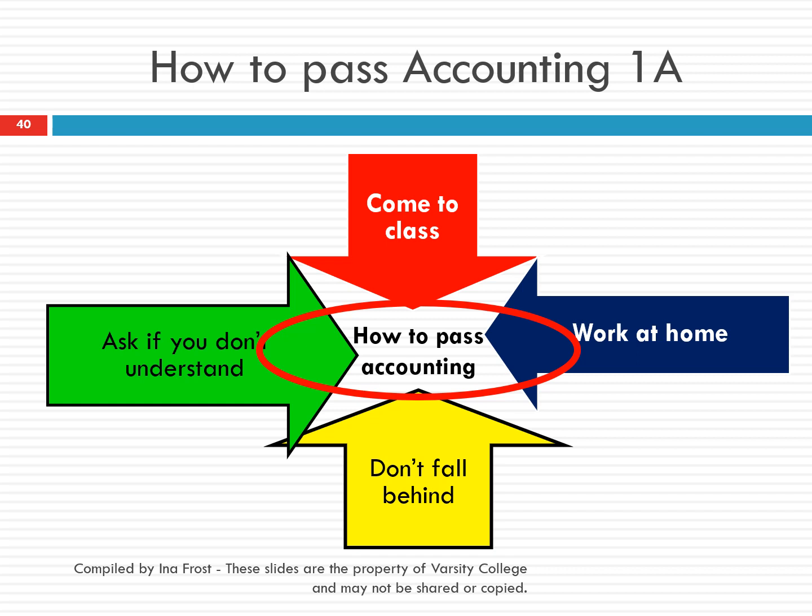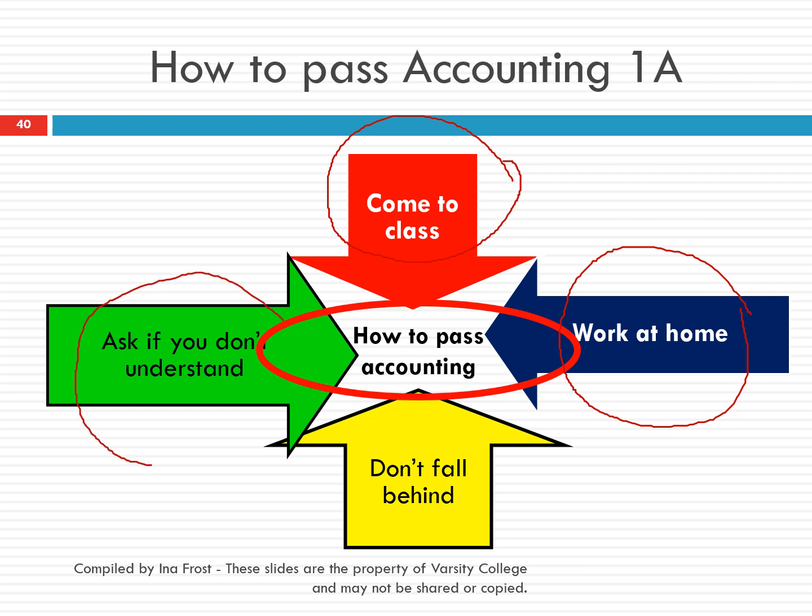Remember again, your key to success in Accounting 1A is to attend as many classes as you possibly can, to work consistently at home outside of class time. So by doing things like example 4.2 and 5.1, stay in touch with your lecturer. If you don't understand anything, reach out to your lecturer and don't fall behind.